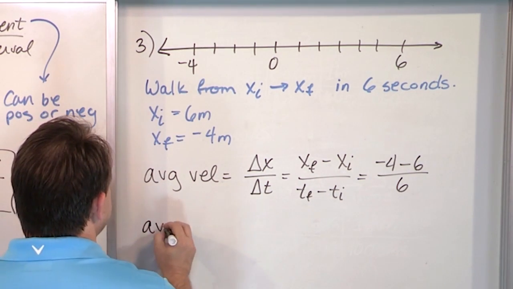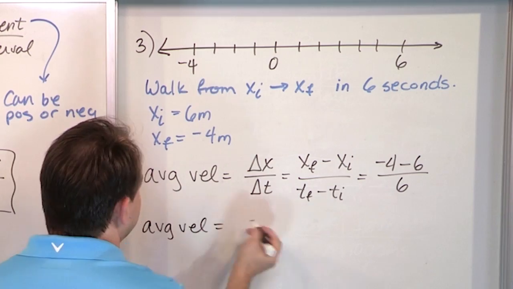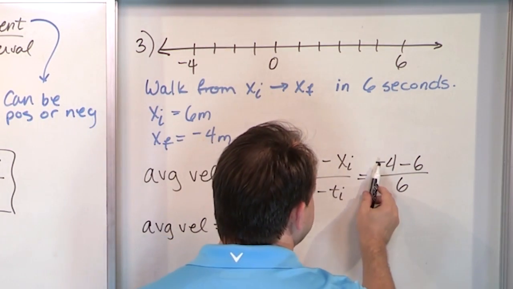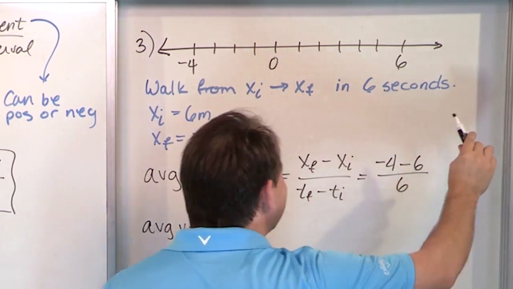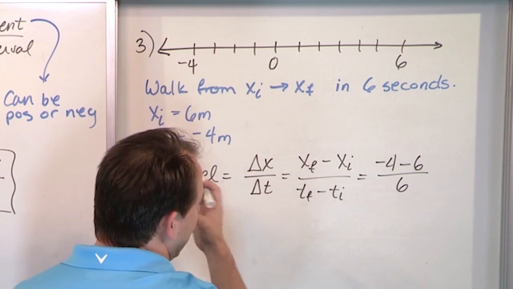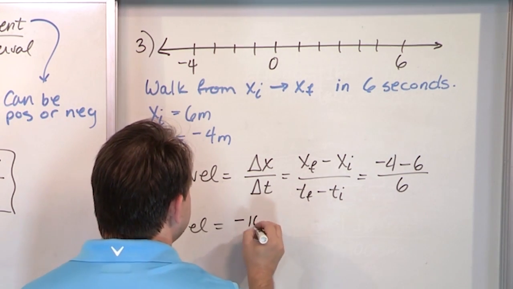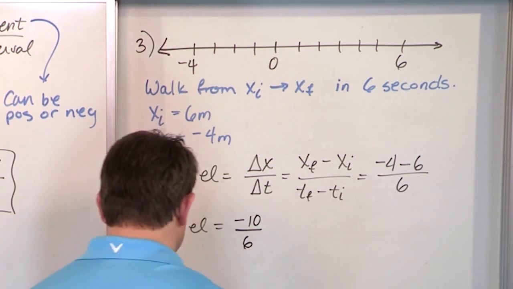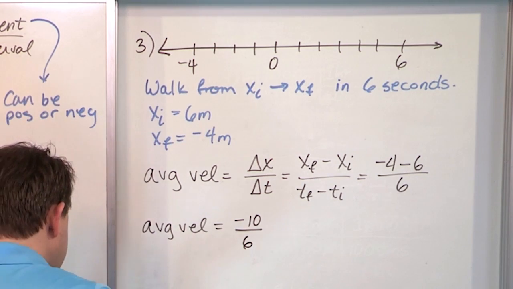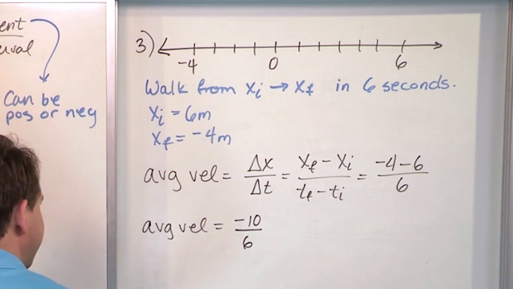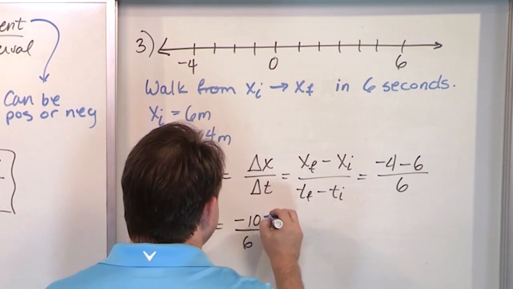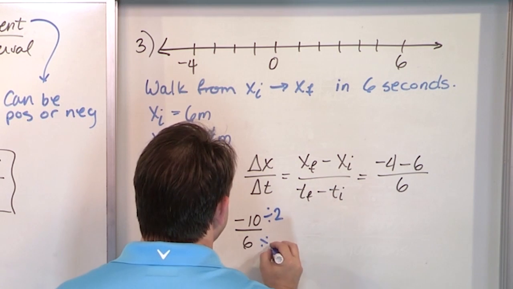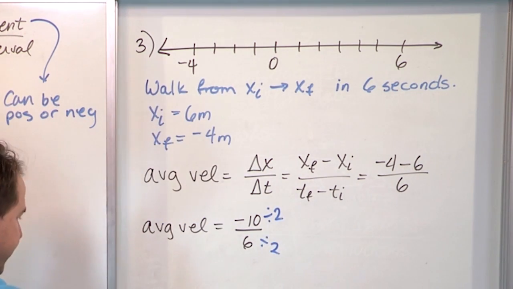So then the average velocity is what? From algebra, you know -4, and you subtract 6, so you go 6 more negatively. So you're going to get -10 on the top, and 6 on the bottom. Now you can leave it there if you want, but let's simplify this fraction. I can divide the top by 2, and I can divide the bottom by 2. As long as I do the same thing to both, I'm fine.